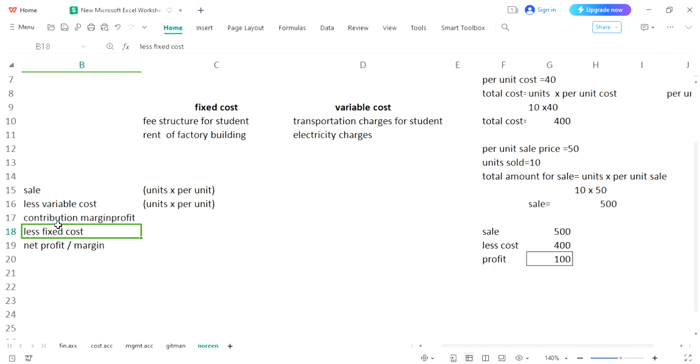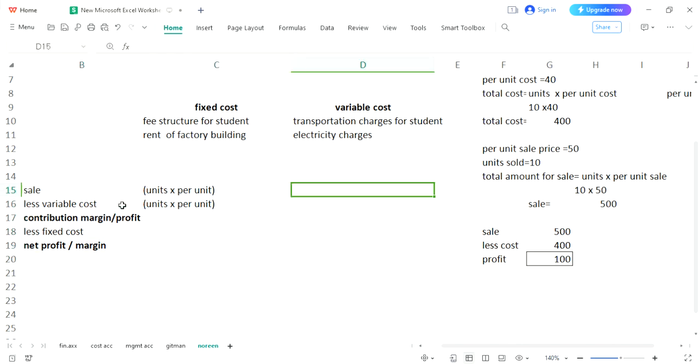When you subtract variable cost from sales, the profit you earn is the contribution margin, and this contribution margin is actually the gross profit. Then from contribution margin, if you subtract your fixed cost, you get net margin. This way your income statement would be completed.